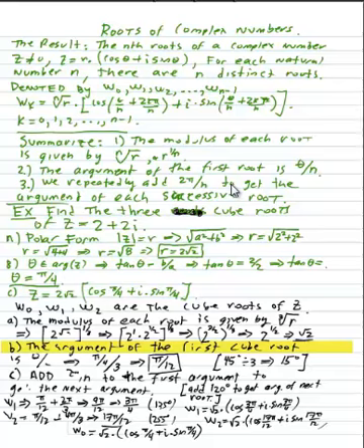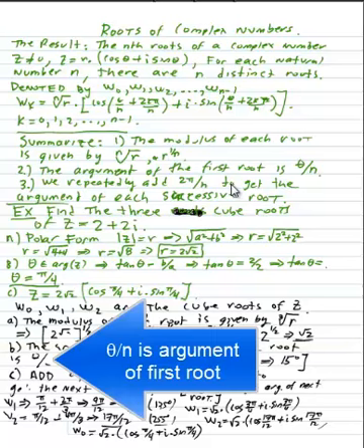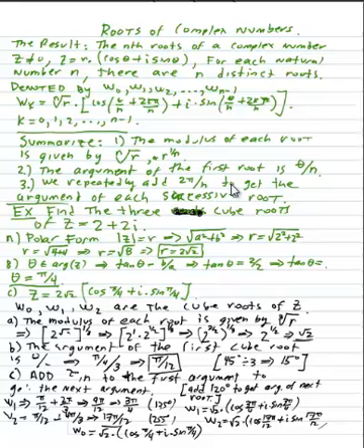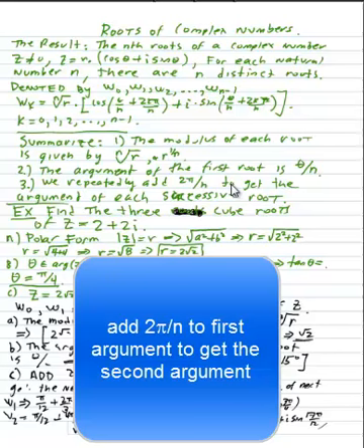Now the argument of the first cube root is theta divided by n. For this example, we're taking π/4 divided by 3, and that simplifies to π/12. If we work in degrees instead, 45 degrees divided by 3 gives us 15 degrees, which is π/12 radians. The next step, add 2π/n to the first argument to get the second.